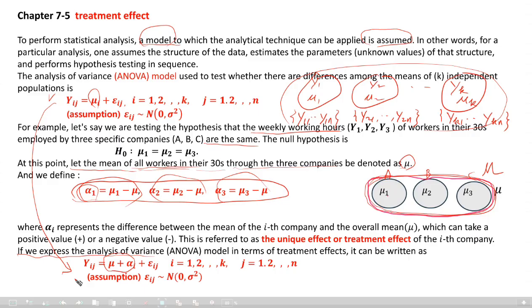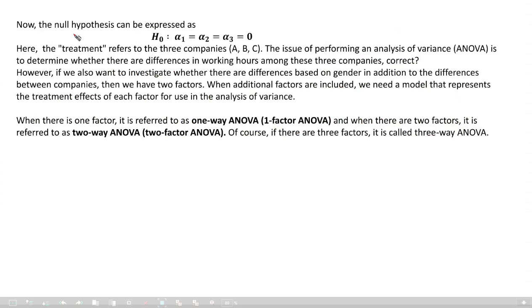Okay, let's see. Then the null hypothesis, what was the null hypothesis? Mu1, mu2, mu3. So alpha 1 is mu1 minus mu, alpha 2, mu2 minus mu, right? Alpha 3, mu3 minus mu.